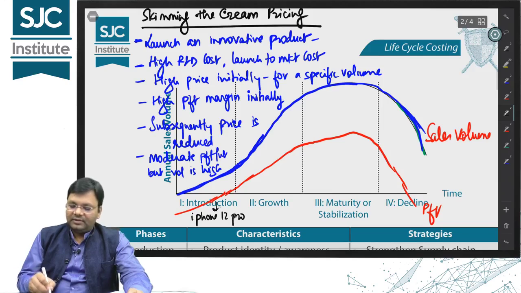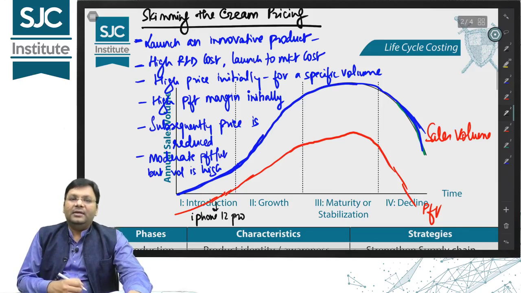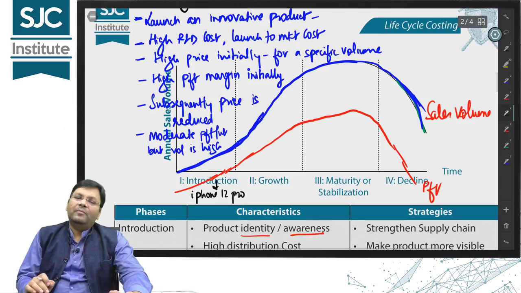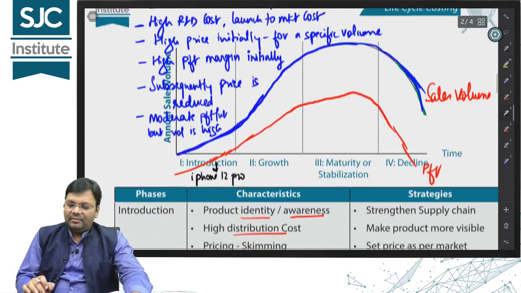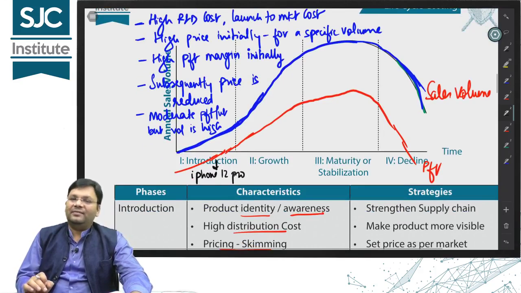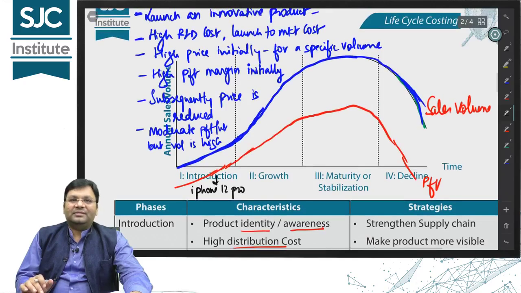They will launch it for introduction. In the introduction phase, they only create awareness. They will not try to persuade anyone to buy. People in that rich class segment will pre-book this and try to get this at the first instance only.